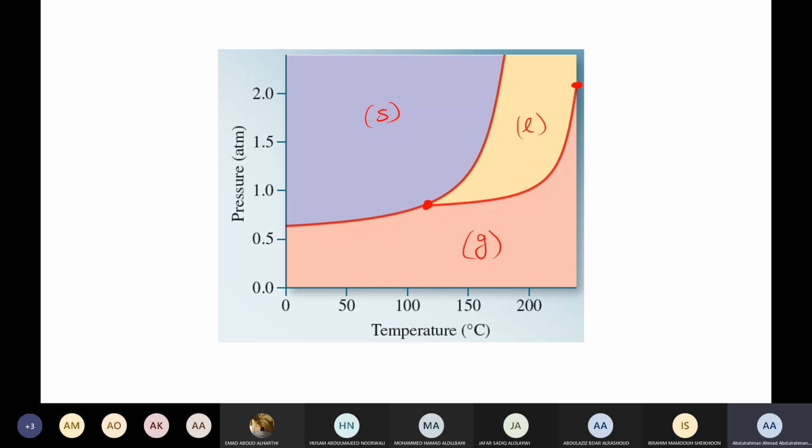If the question is asking what's the temperature of the triple point and the pressure, can you calculate it approximately? Doctor, will we get this figure in the final exam?